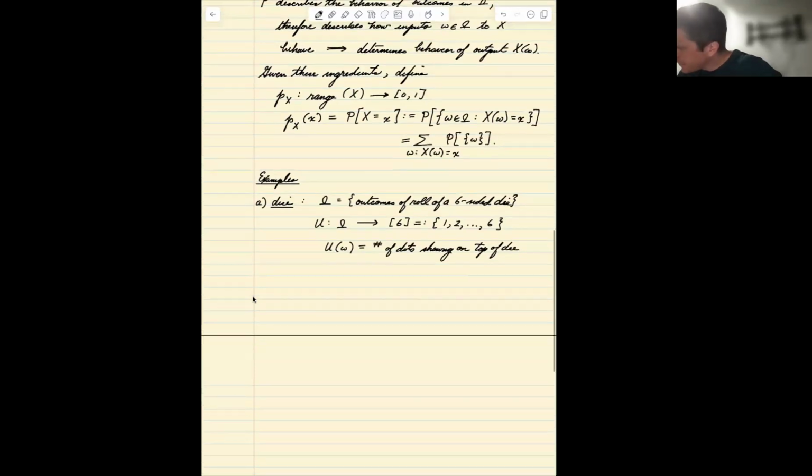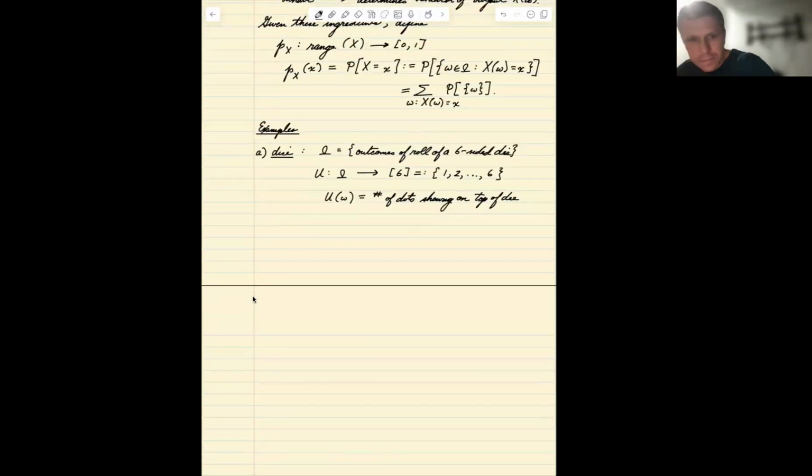Then in this case, the mass function for U is 1/6 for each possible value of U. And we say that U is uniformly distributed on the set [6].